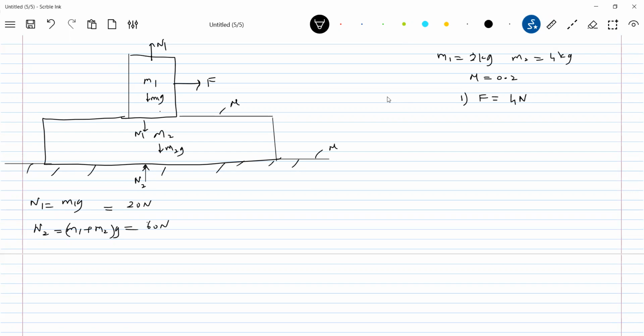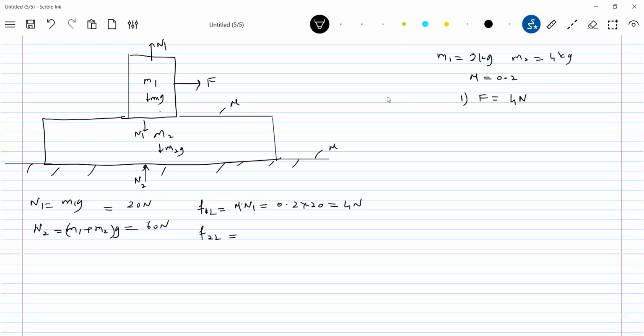Then we'll get F1L, the limiting friction at the first surface between the blocks M1 and M2, which should be equal to mu into N1. Mu value 0.2 into 20 Newton, which is 4 Newton.